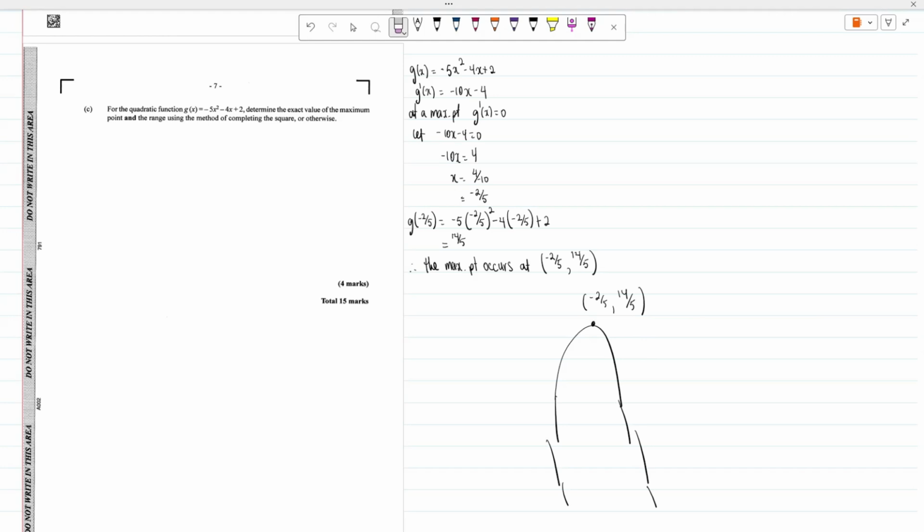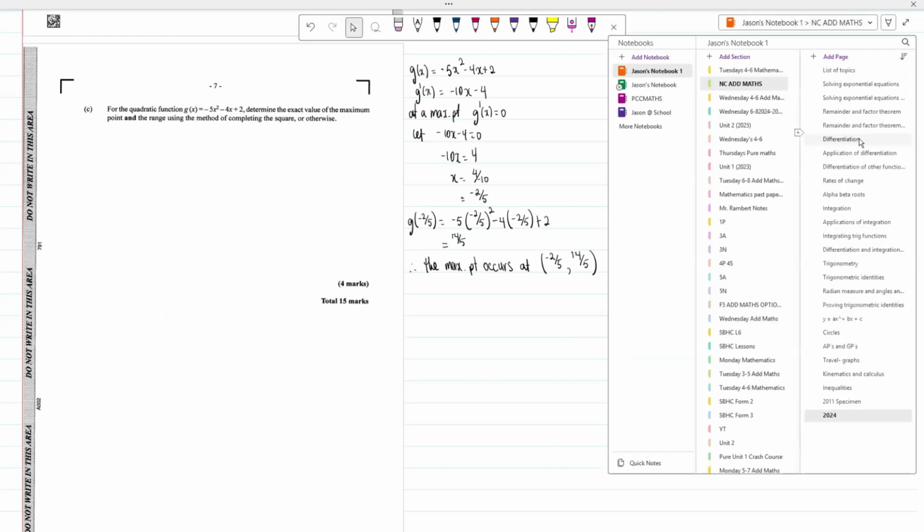Now, range is locked to the y-axis. And I believe I did this earlier.